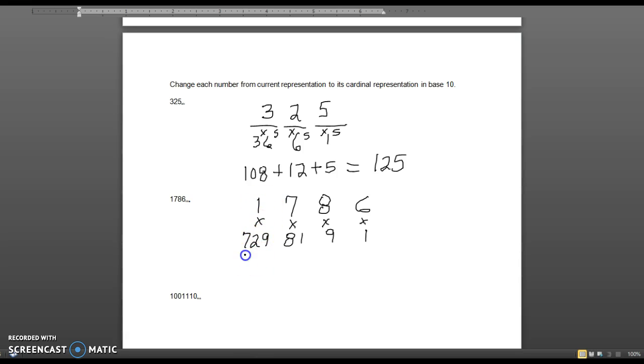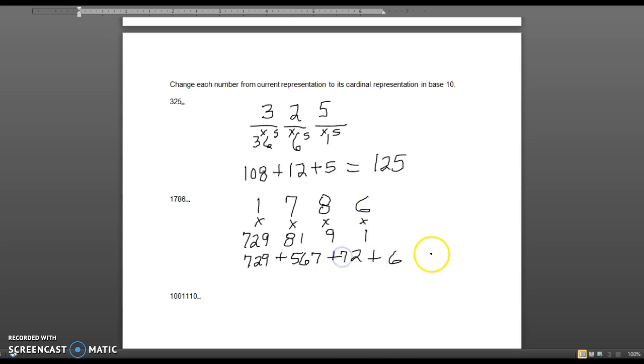So 1 times 729 is 729. 7 times 81 is 567. 8 times 9 is 72. And 6 times 1 is 6.